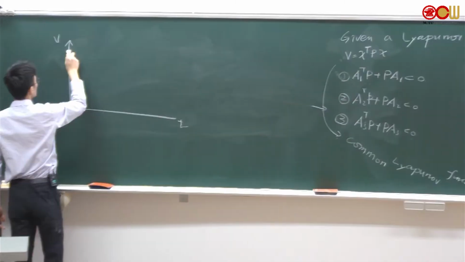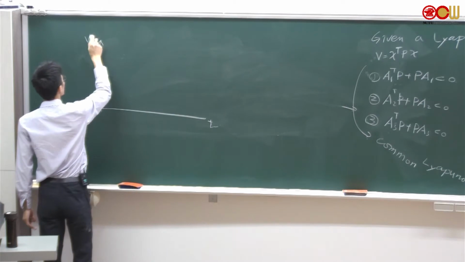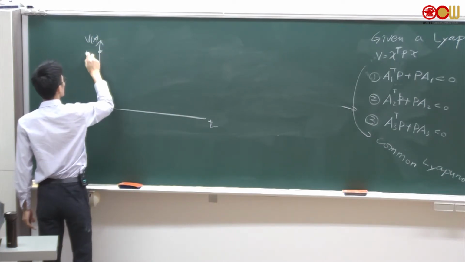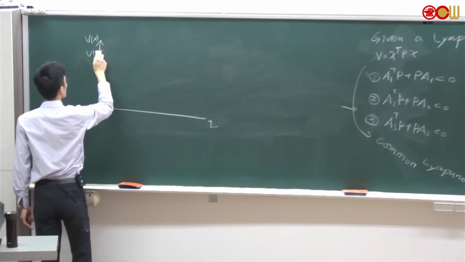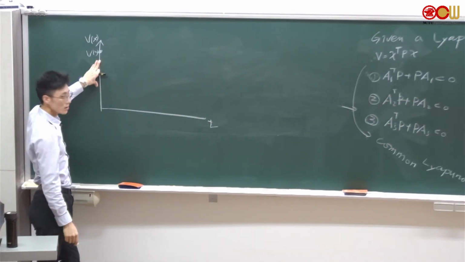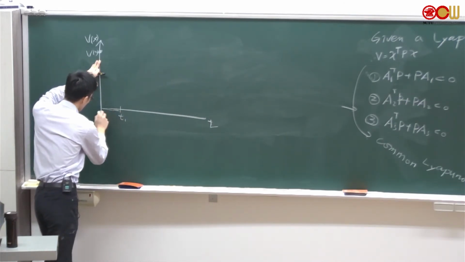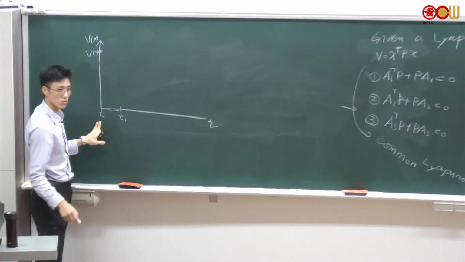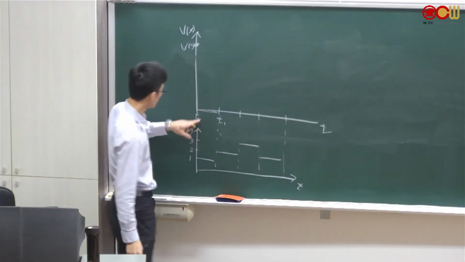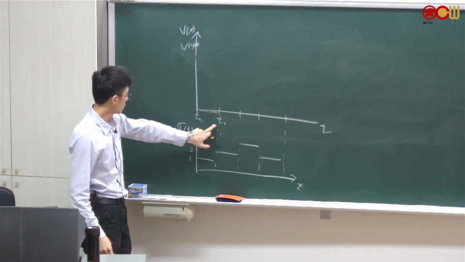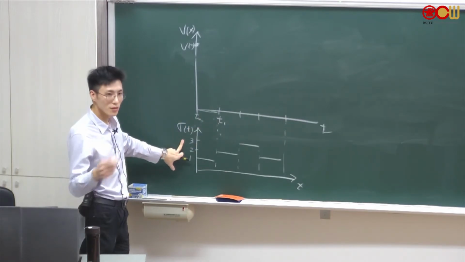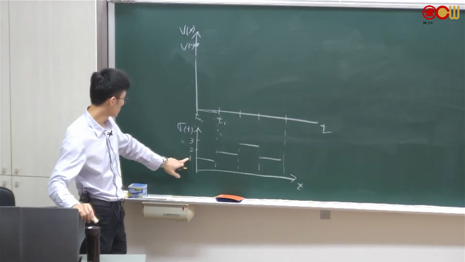That means that initially, V0 is here, and from t0 to t1, assume that the activated system is system 1.